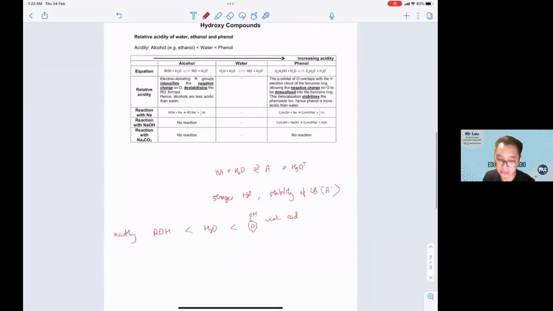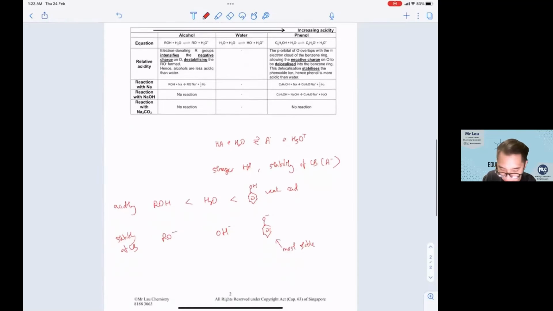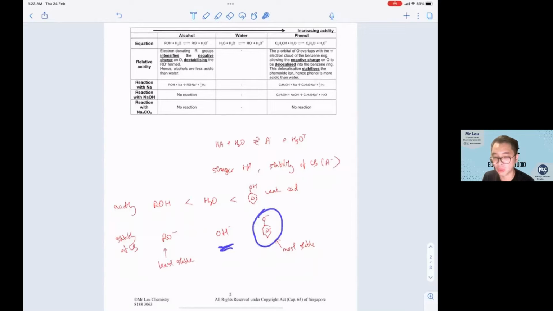In order to understand, we have to look at the stability of the conjugate base. The conjugate base here is RO minus, OH minus, and phenoxide. So phenoxide is the most stable conjugate base, followed by OH minus, whereas the RO minus will be the least stable. So let's try to understand why the phenoxide is more stable than OH minus.